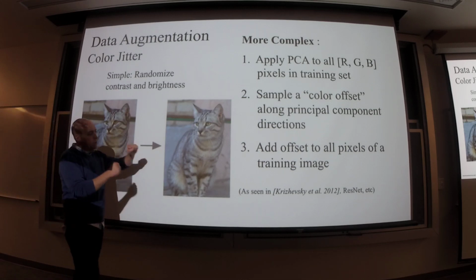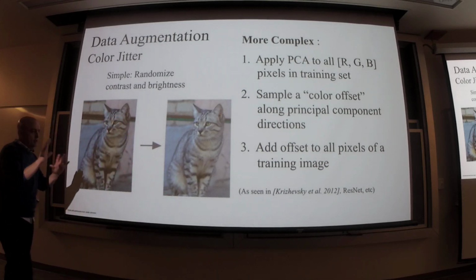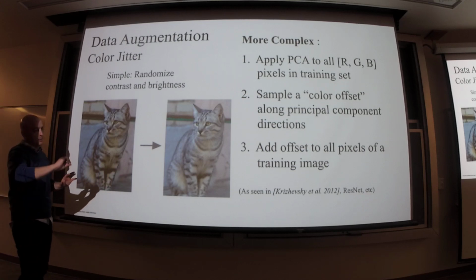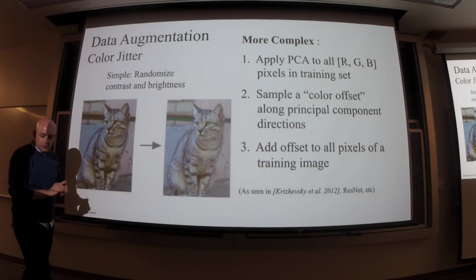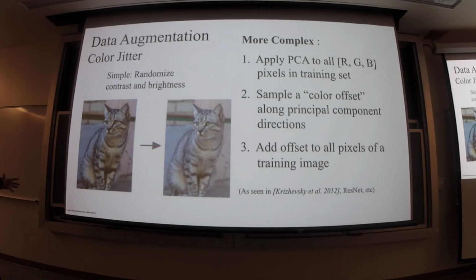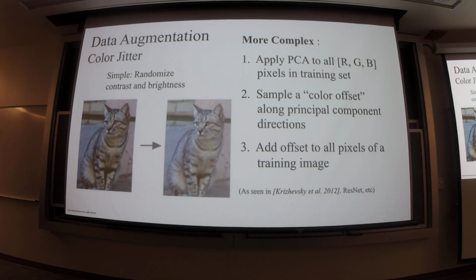You can pick some sort of offset or scaling factor to change your image by. So basically, in the direction of most color change throughout the training set, you change the colors along that direction. It's going to be some RGB vector, and you just change that way. That's a nice principled way of changing the color in an RGB image so that you're preserving natural variation in the image.